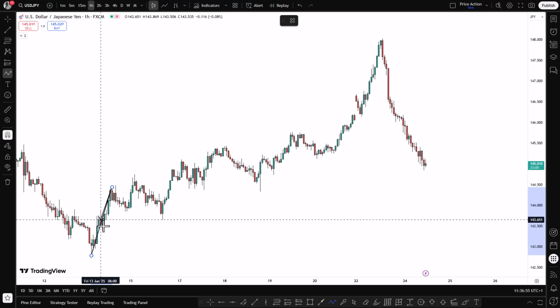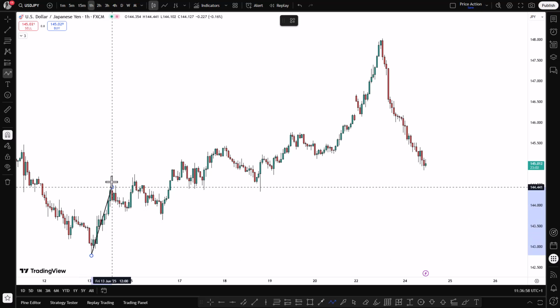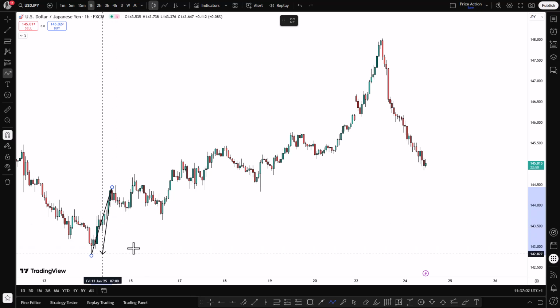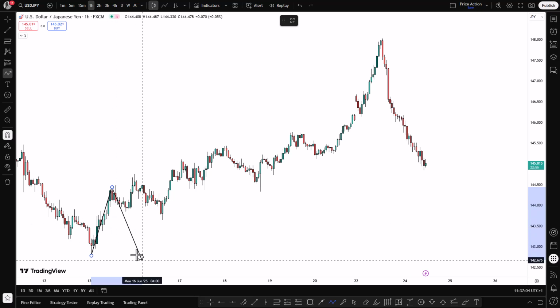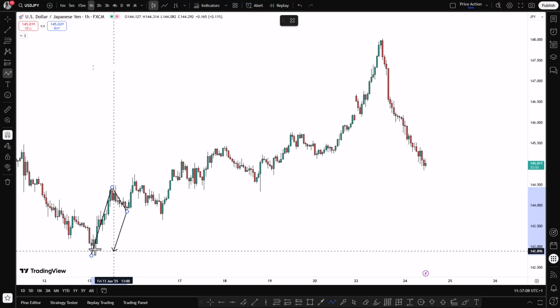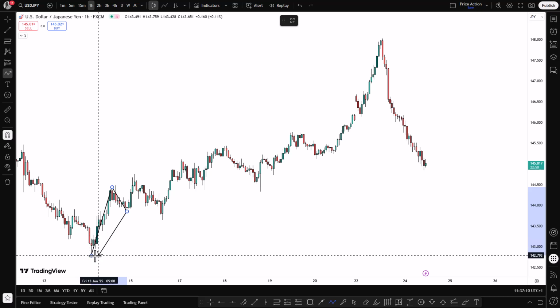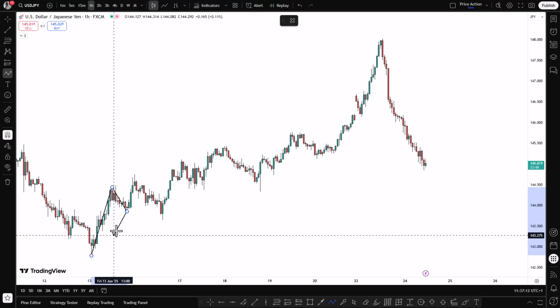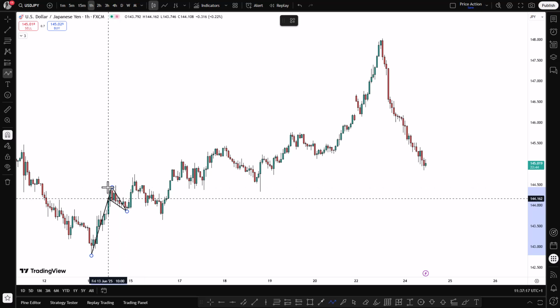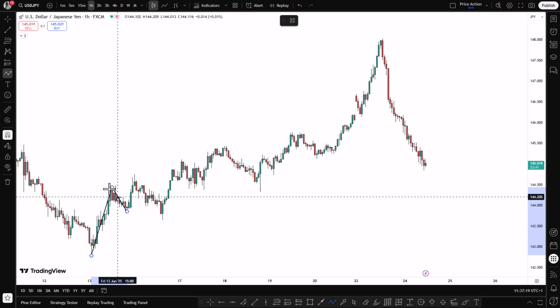When price made this low and then moved up, it found it difficult to consistently break below this low and make a brand new lower low. When it made another low, somewhere here, this low is higher than the previous low, so this is a higher low. Then eventually price reached this high and couldn't break higher.